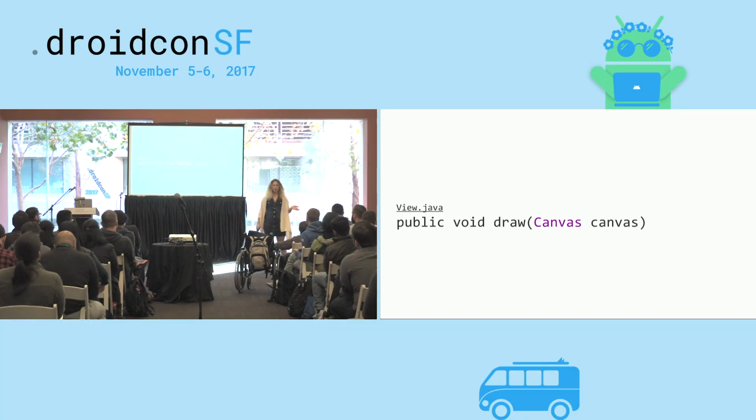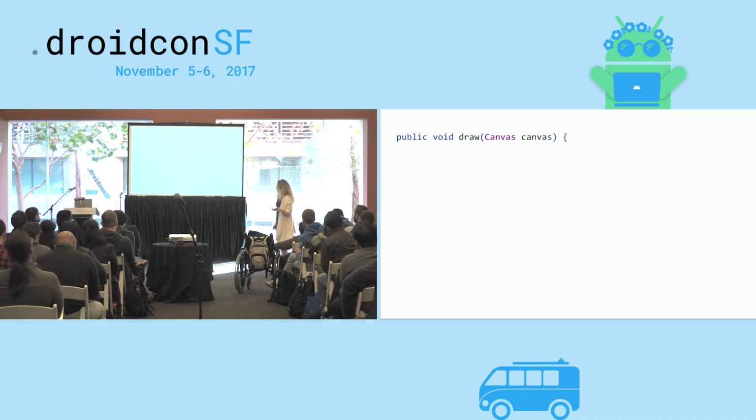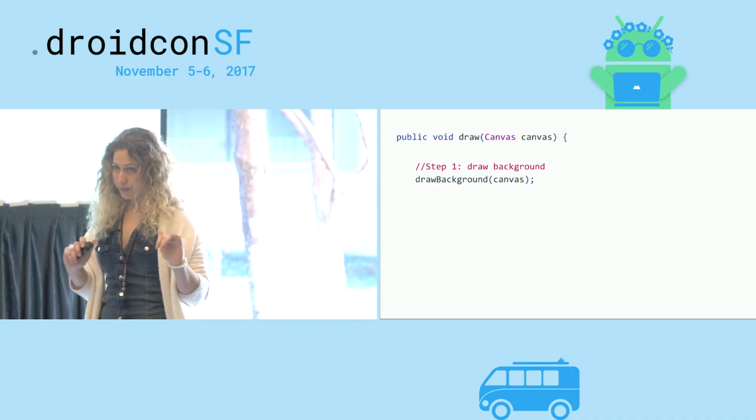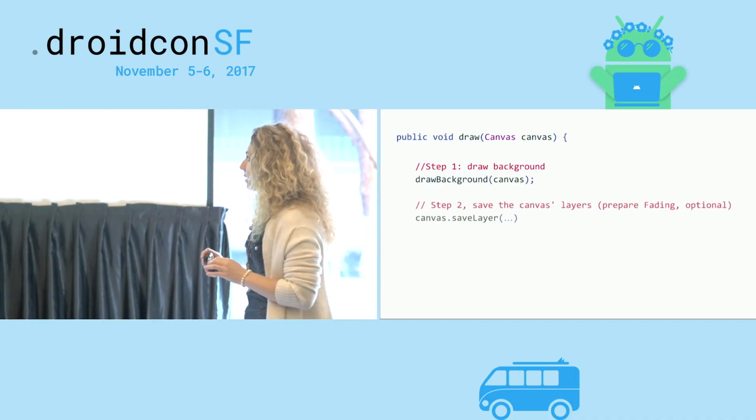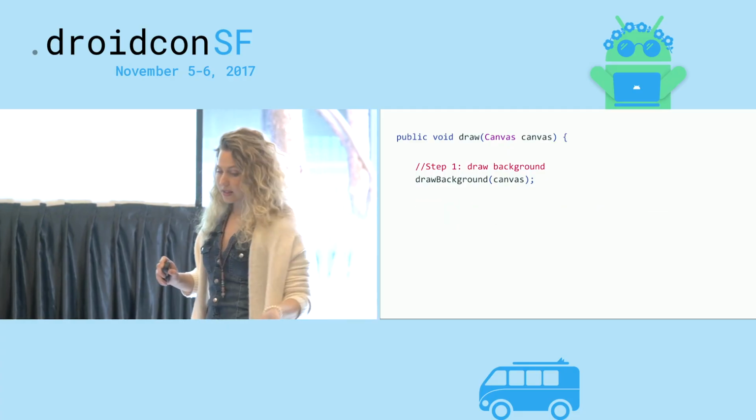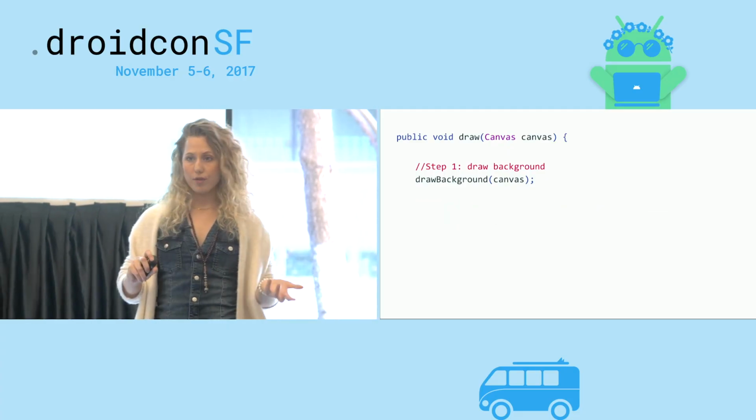It takes a canvas, as you probably know, and is going to go through those stages. First thing, we're going to draw the background of the view.